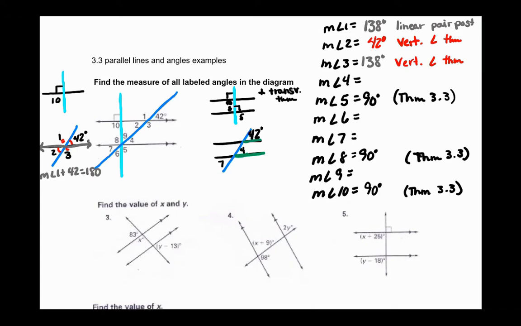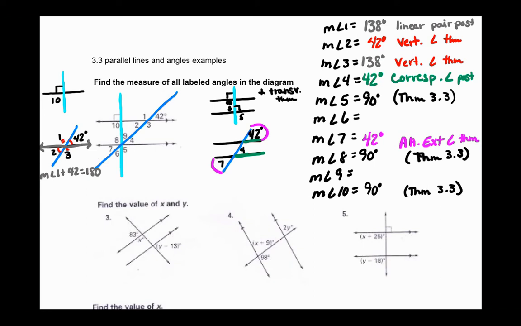So angle 4 and the 42 degrees are corresponding angles, and we have a postulate that says that they're going to be congruent. So angle 4 is 42 degrees. And then our angle 7 and that 42 degrees are on alternate sides of the transversal and in the exterior. So we have our alternate exterior angle position, and we have a theorem that says that those are congruent. So angle 7 is also 42 degrees.